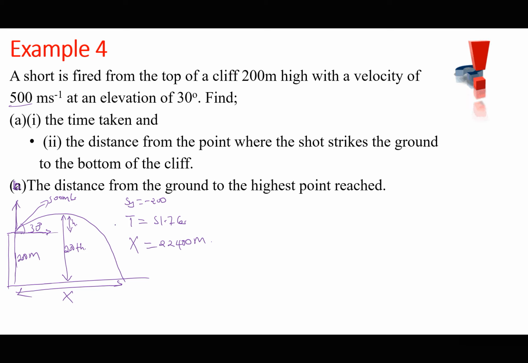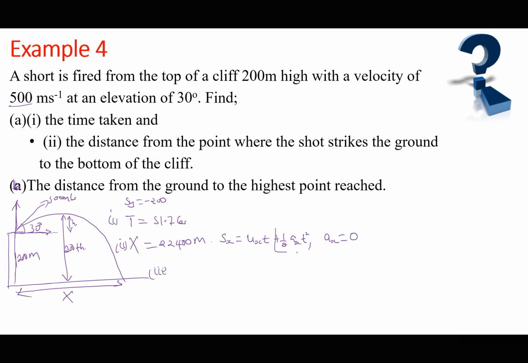So this is Roman 1, Roman 2. Then Roman 3, which is the vertical distance. For Roman 2, I used s in the horizontal equals initial velocity in the horizontal times t plus a half, acceleration in the horizontal times t squared, but putting in mind that acceleration in the horizontal is equal to 0.